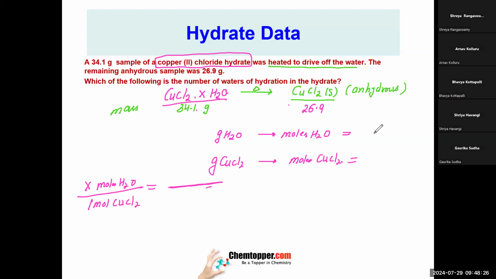Gorika, now please give me the moles of water. First, calculate the mass of water from the given information. Then convert that into moles of water. How many moles of water? I already calculated. I'm teaching and doing calculation faster than you people.